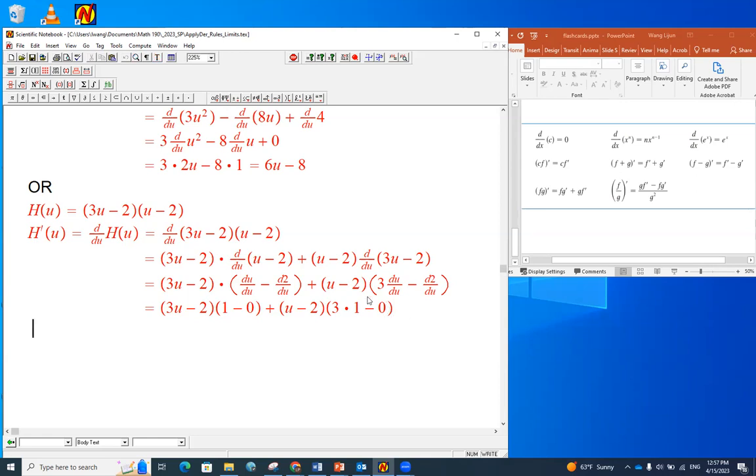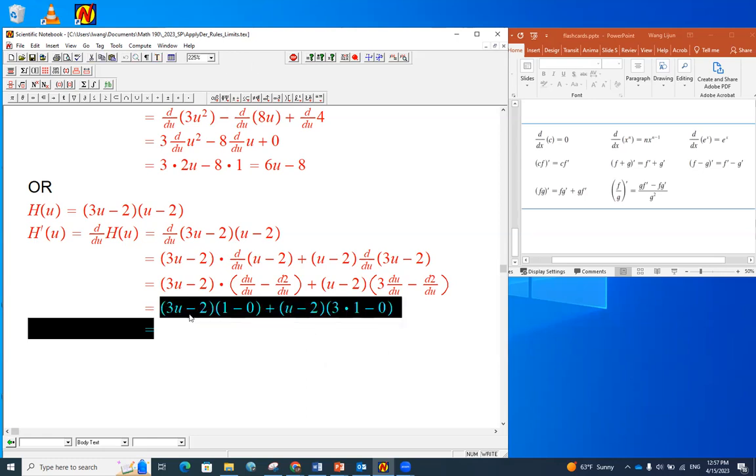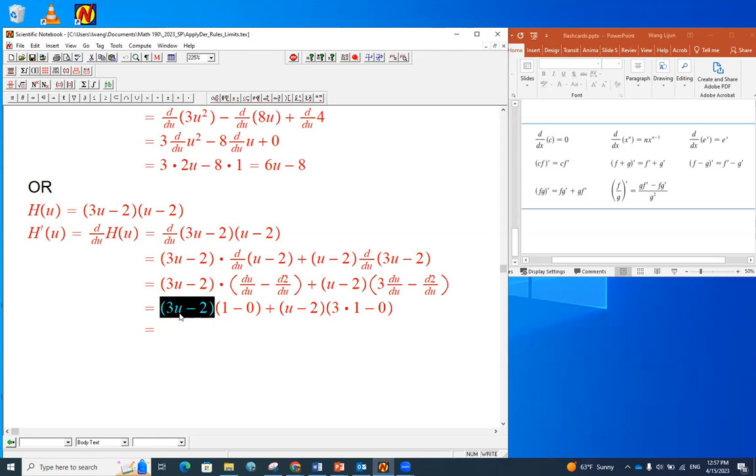Let's organize the terms. So 3u minus 2 multiplied by 1, right? So that's 3u minus 2 plus, over here, this is a minus 0. 3 times 1 is 3. So we have 3 times u minus 2. And we just combine like terms.